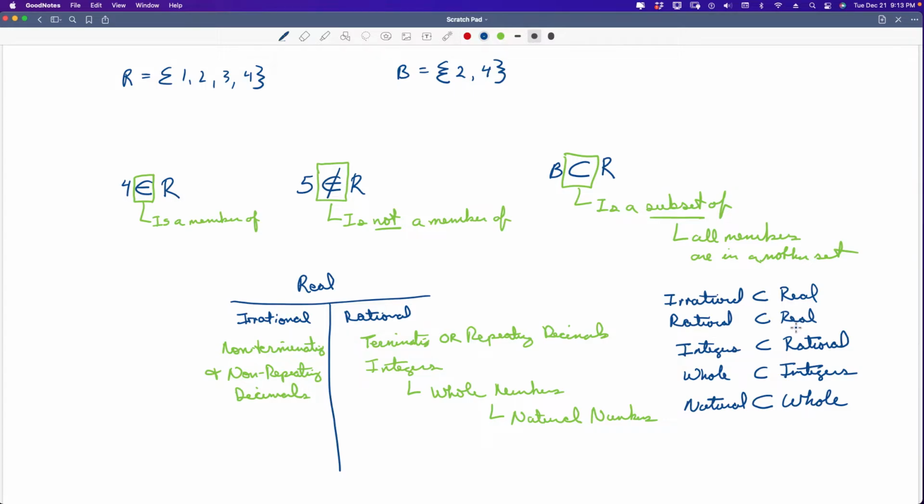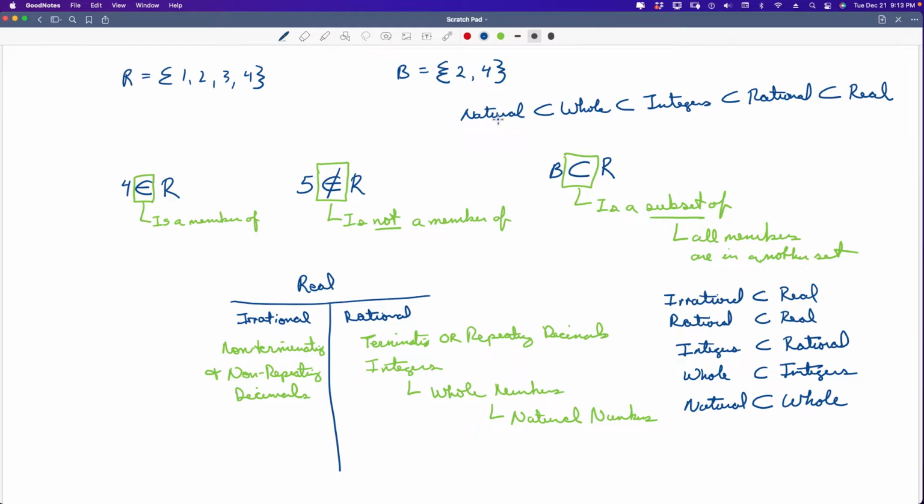In fact, you can write it the long way by saying that natural numbers are a subset of whole numbers, which are a subset of integers, which are a subset of rational numbers, which are a subset of the real number system.